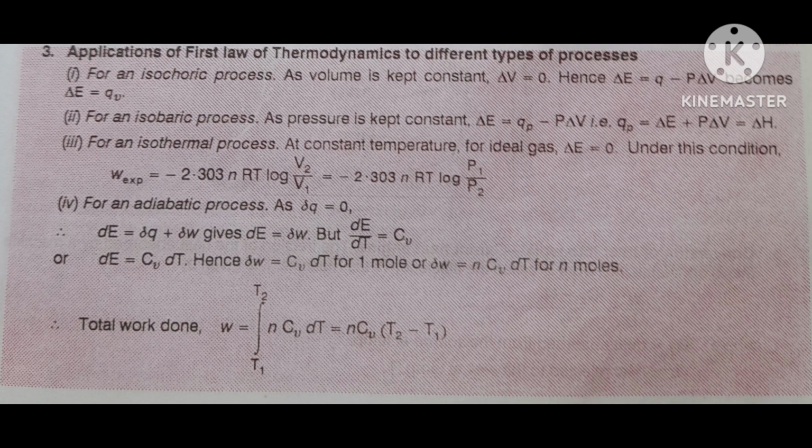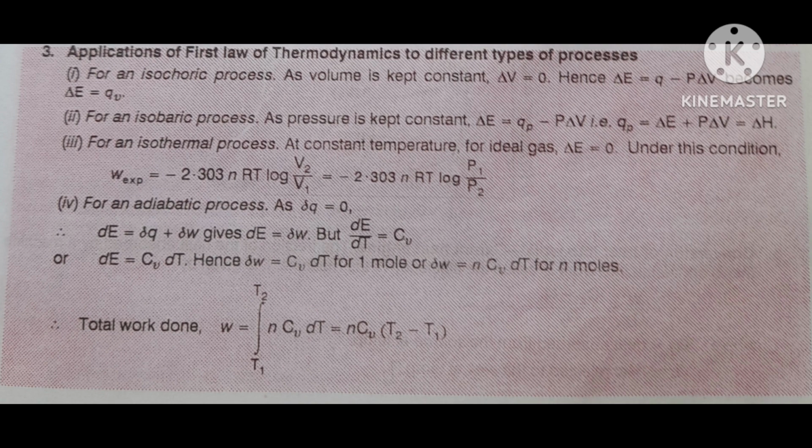Work done during expansion is equal to minus 2.303 nRT log V2 upon V1. V2 is greater than V1, so V1 is less volume, V2 is more volume, meaning volume changes from V1 to V2.